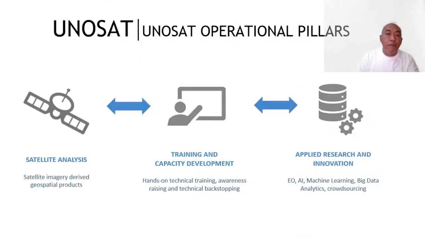Since 2001, UNISAT has provided the United Nations system with access to satellite imagery and satellite-derived analysis through the development and provision to Earth observation and GIS applications. The program has spearheaded the use of these technologies in various fields of application, namely for emergency response, disaster risk reduction, peace and security, but also for the protection of cultural heritage and monitoring and evaluation of development projects.